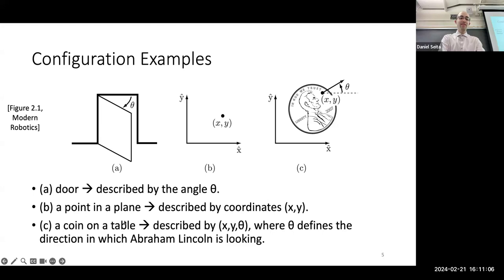If you want to describe where a coin is, you can use two numbers for a position, but because the coin also rotates, unlike a single point, here it actually matters where it's oriented, because a different orientation is a different configuration. So this angle is the direction where this person, Abraham Lincoln, is looking.